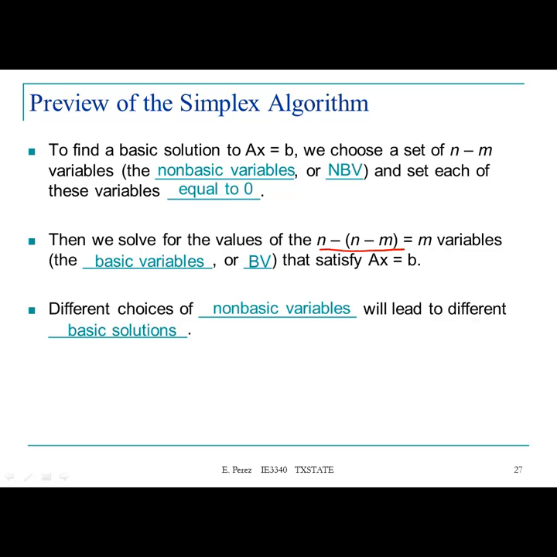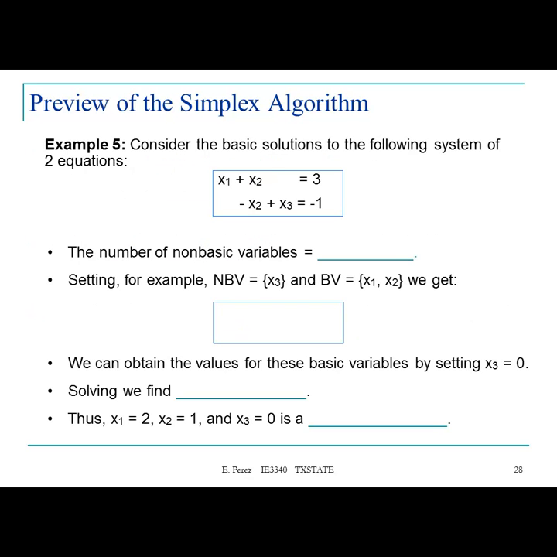This is going back to what we explained with the example. This is just in general words, but if you refer back to the example, what we're trying to do is just put into words what we did. So consider the basic solutions to the following system of two equations: x1 plus x2 equals 3 and minus x2 plus x3 equals minus 1.